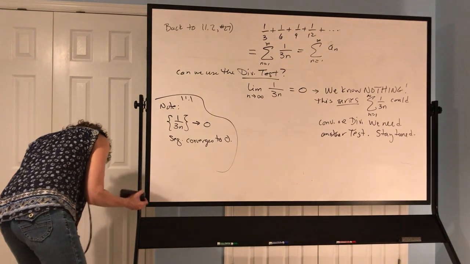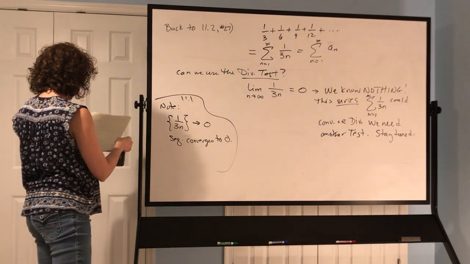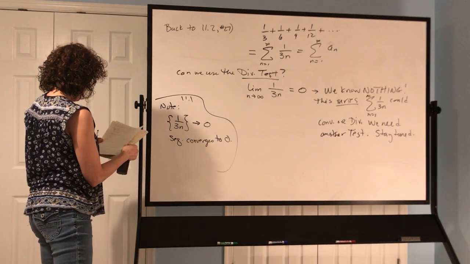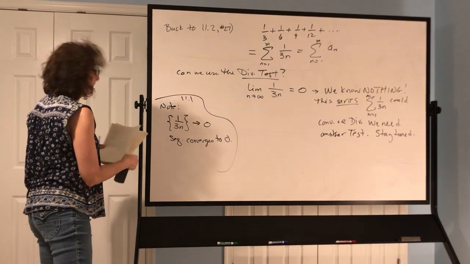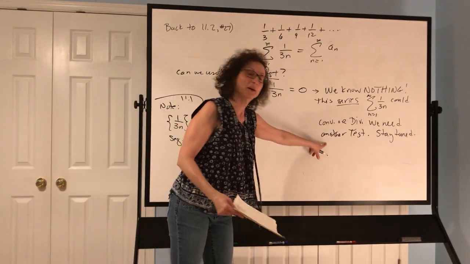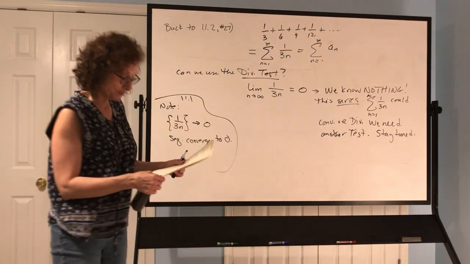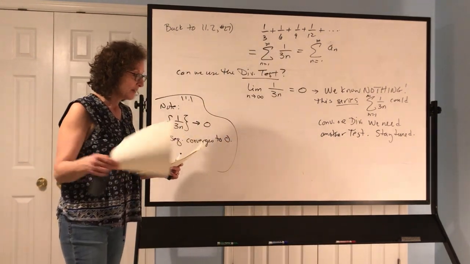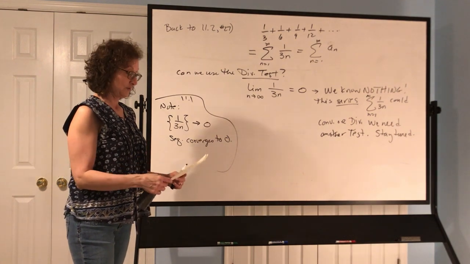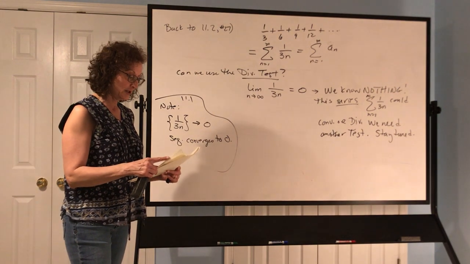All right. Let us see. So what about these other tests? Well, there's more than just one other test. There's lots of other tests. That's what the rest of the semester is kind of all about. Okay, so now where are we?